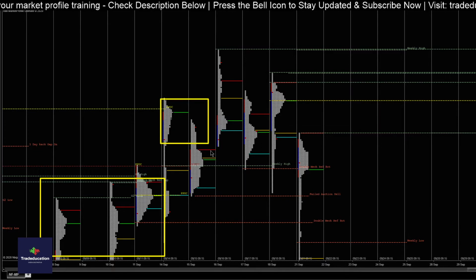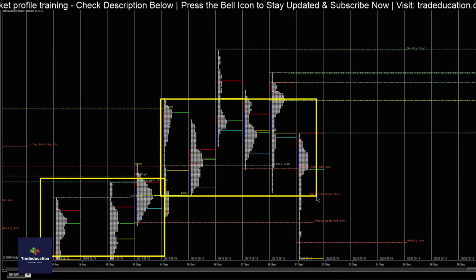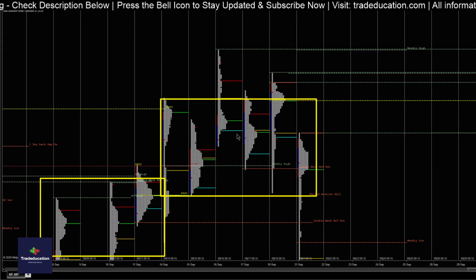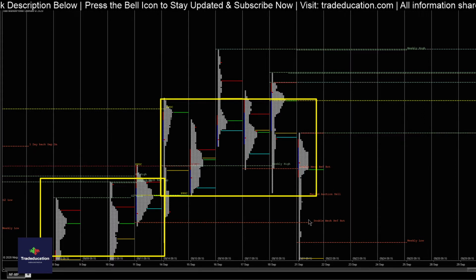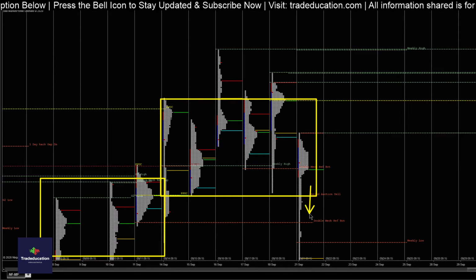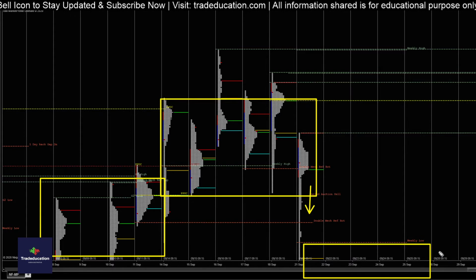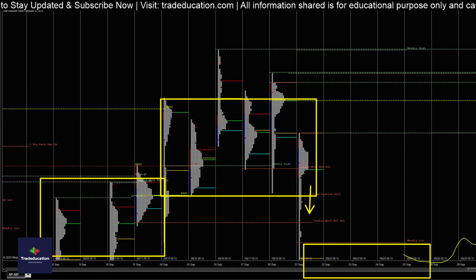Then it was a break above the balance, and we are developing sideways. This is day 1, 2, 3, 4, 5, and 6 days. On the sixth day the auction tried to move down, and there is one more balance formed around the lower side, and now the auction is slowly and steadily trying to come up higher.